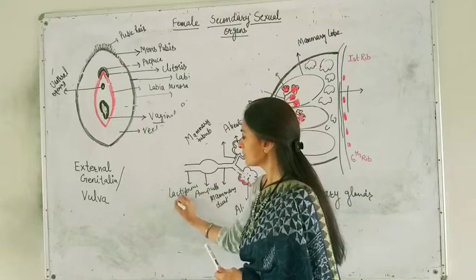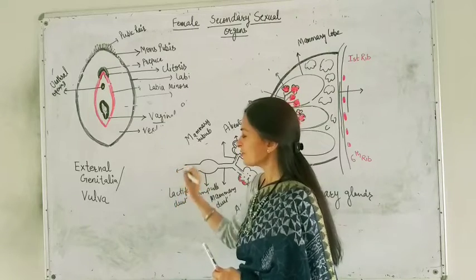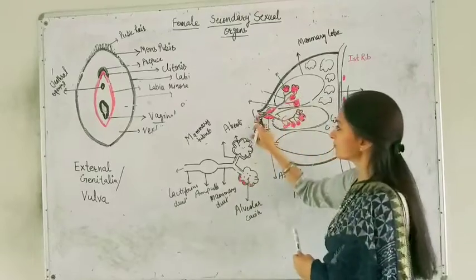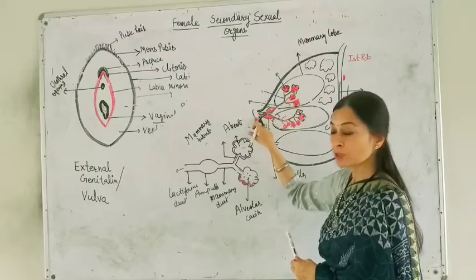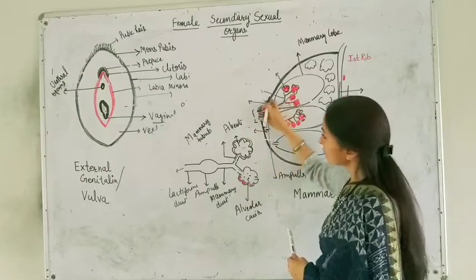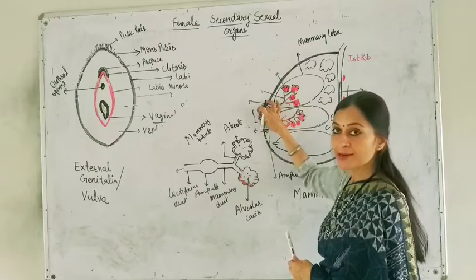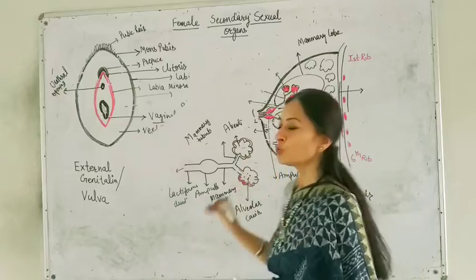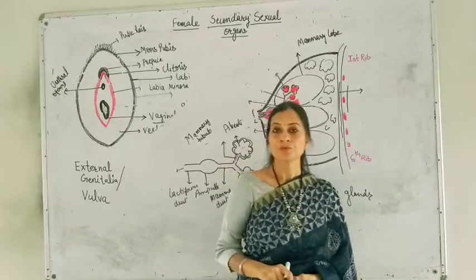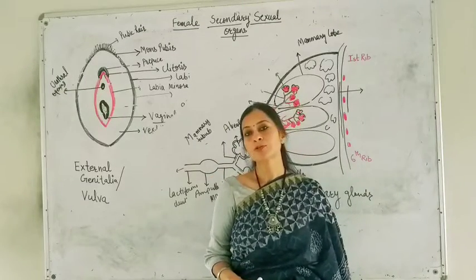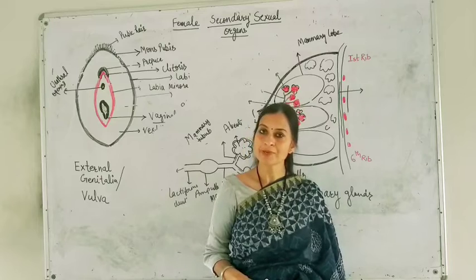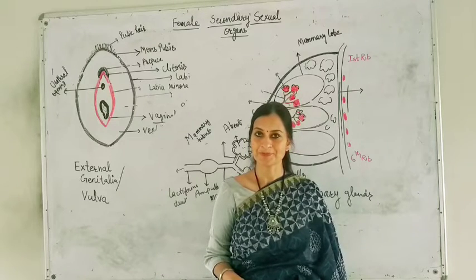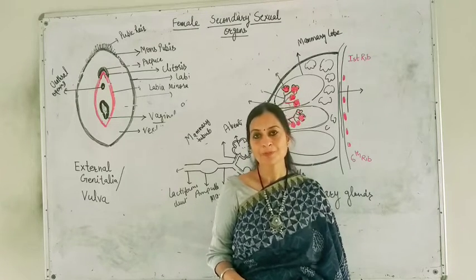Where these lactiferous ducts open outside is the nipple area. Okay. So these are the two types of secondary sex organs associated with the female reproductive system. And I hope this is clear to you.